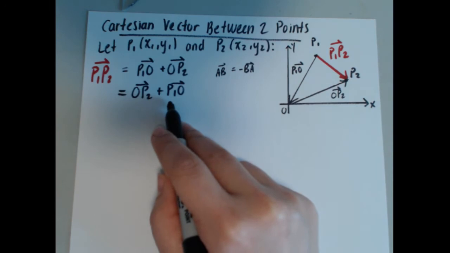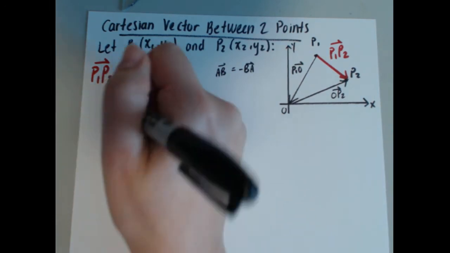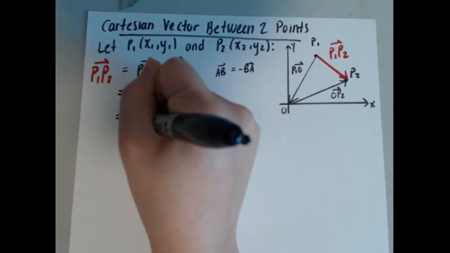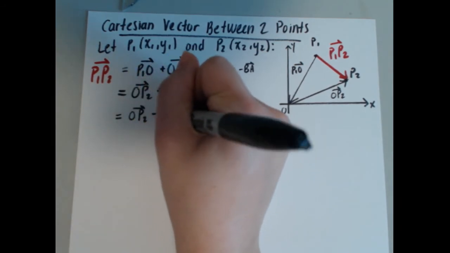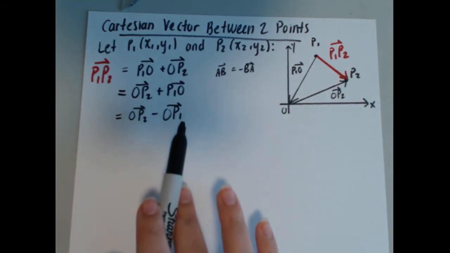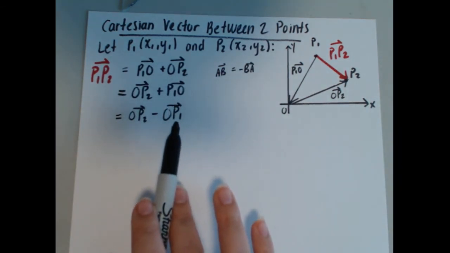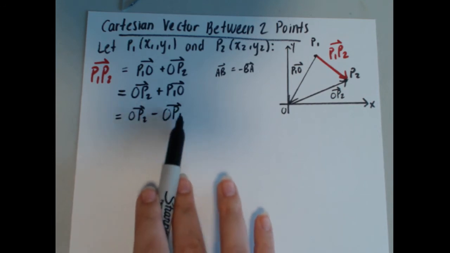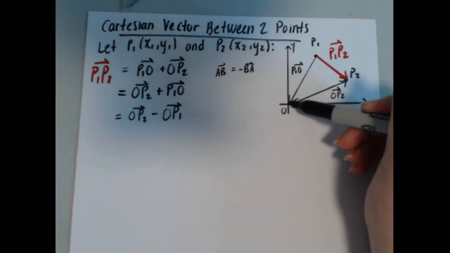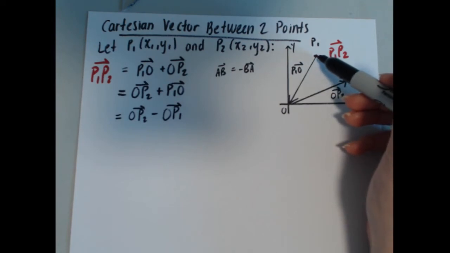So what I'm going to do is take P1O and replace it with negative OP1. So therefore I have OP2 minus OP1, or you can call it plus negative OP1. Notice that now I've got the vector OP1. The vector OP1 is the arrow that starts at the origin and goes to point P1.